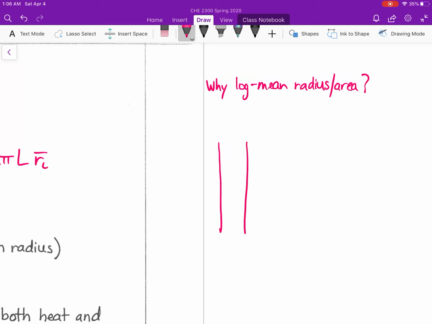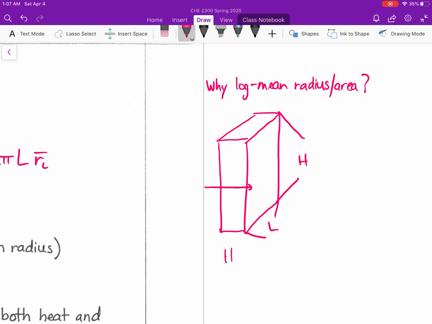If you remember from lecture 18, when we had heat conduction through a wall, as I progress through the thickness of this wall, if the height of that wall is H, the length of that wall is L. As I move through the thickness of my wall, the area through which heat transfer, or the cross-sectional area, does not change.